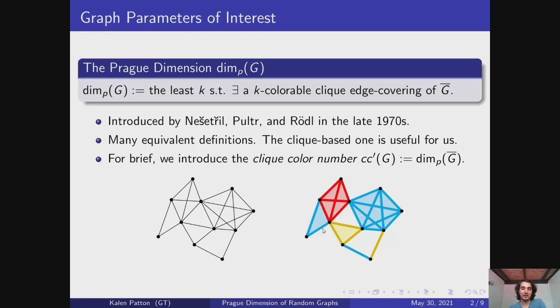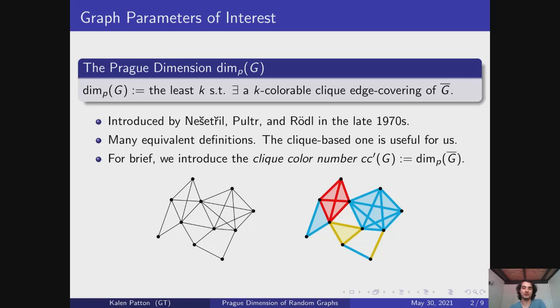The only way is by using at least 3 cliques. That means any clique edge covering must contain at least 3 cliques that all contain the same vertex, and therefore we need at least 3 colors to color any clique edge covering of this graph. So the clique color number must be at least 3, and therefore, from our upper bound, it's exactly 3.